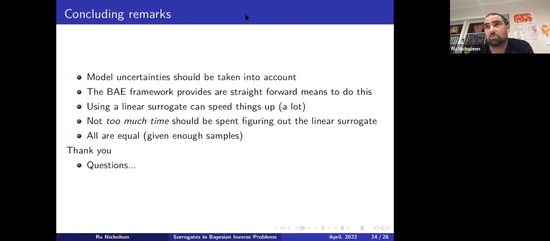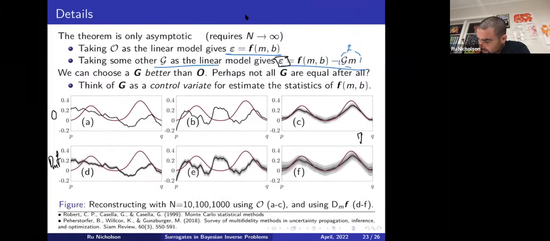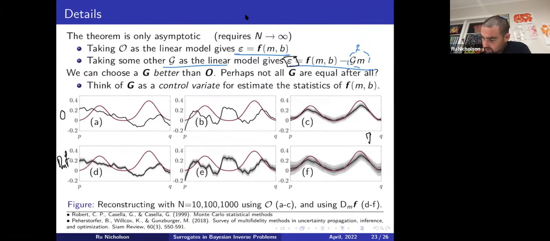So for a problem that's essentially or almost linear, if you have a good linear approximation of it, then the use of control variates can reduce the number of samples dramatically if you have a very good so-called control variate, which in this case would be the linearization.